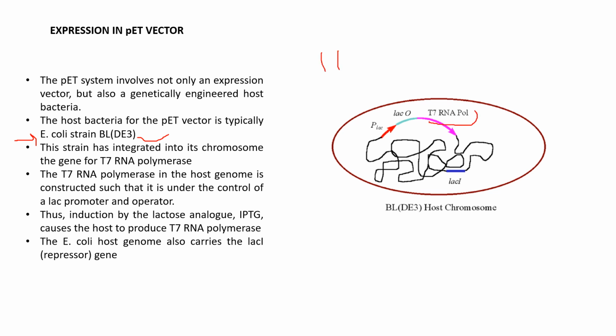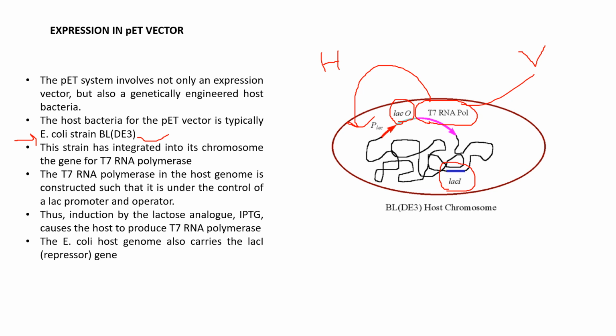Here is a T7 RNA polymerase gene under a lac promoter. And this host also has a gene for lac repressor, that is lacI. The lac operator is also found downstream of the lac promoter. So now you can control the expression of T7 RNA polymerase.